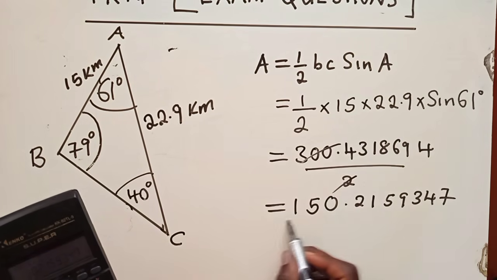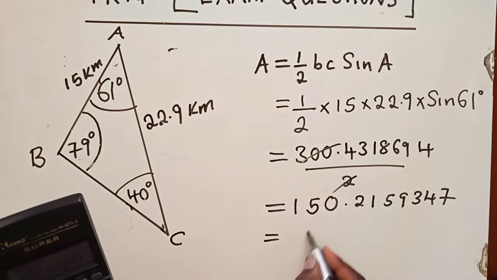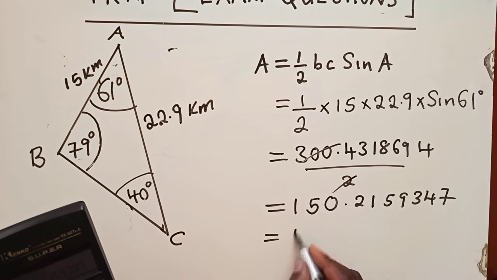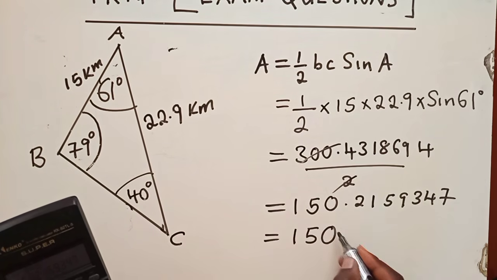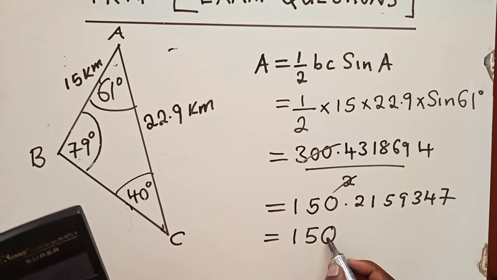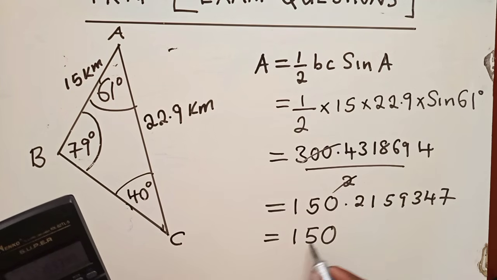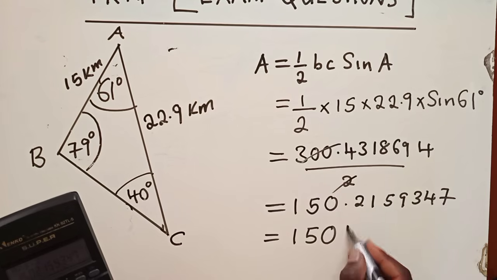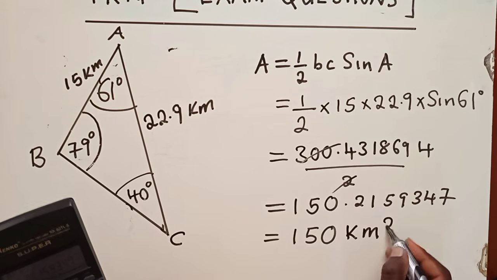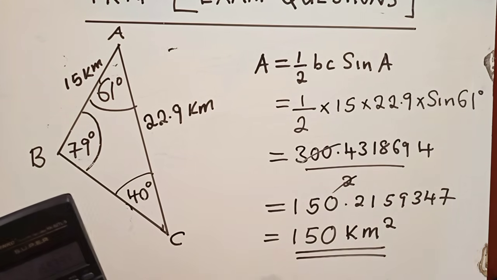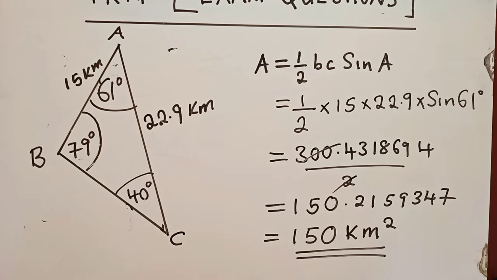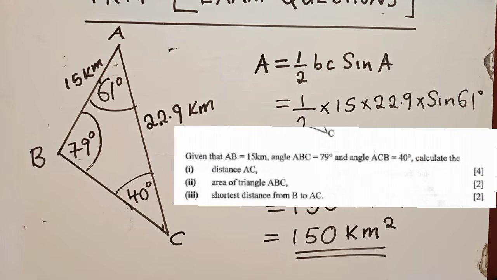If you don't know how to round off, it's better you just write it like this. And if you know how to round off, mostly we put our answers in three significant figures, or depending on the instructions that you've been given. So three significant figures, it will just be this one here. So this is my area right here. So now I've found the area.